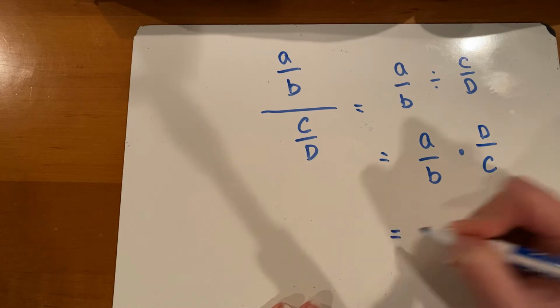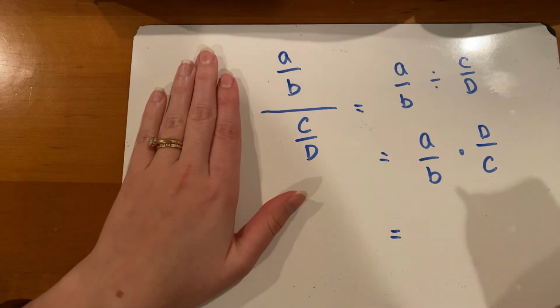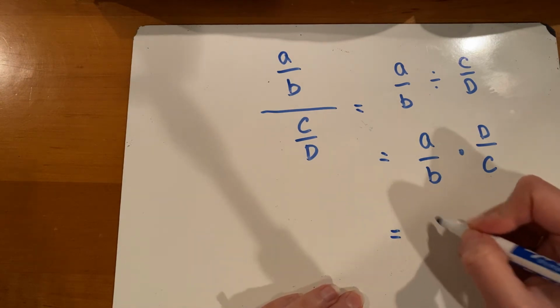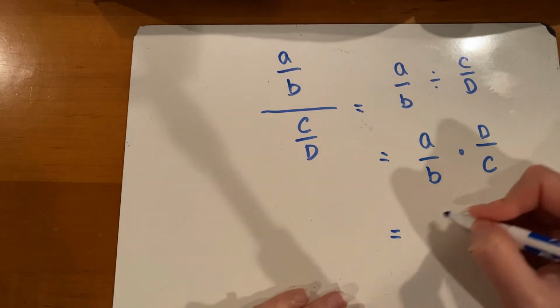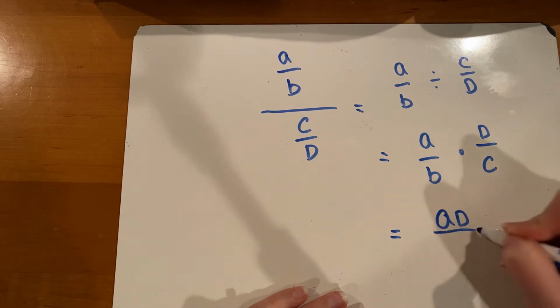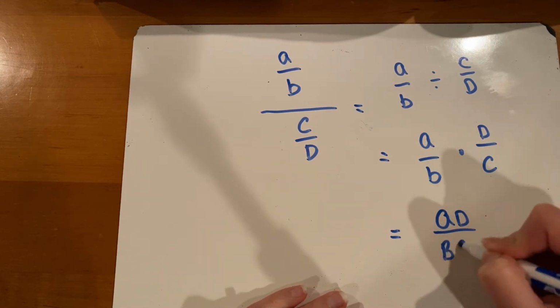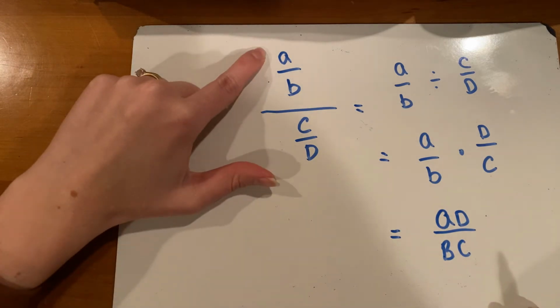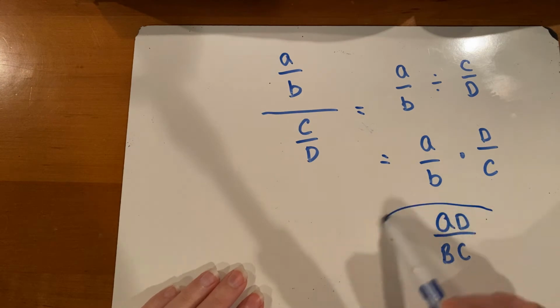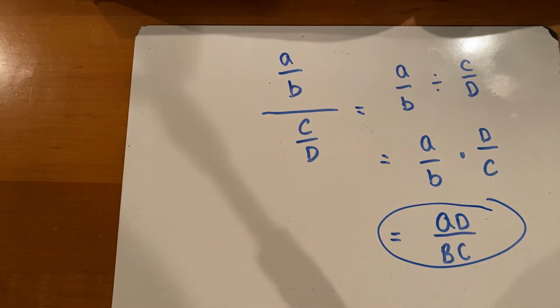And then you get this algebraic proof that anytime something is in this form of a fraction divided by another fraction, you can use the rule to speed up your process: it's always just a times d over b times c. So you can save yourself the time of writing out these steps once you get into the habit of it.